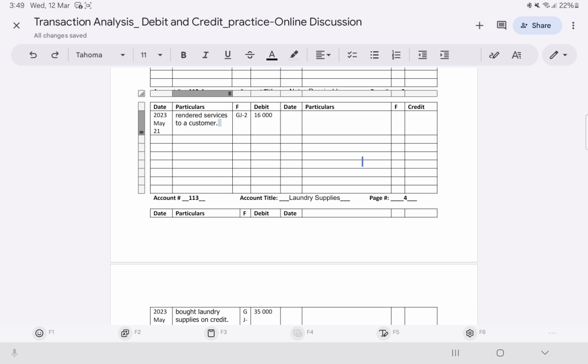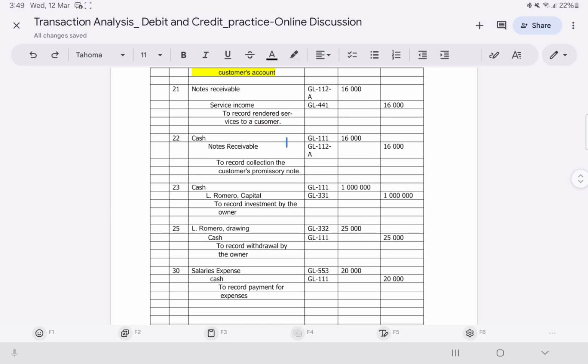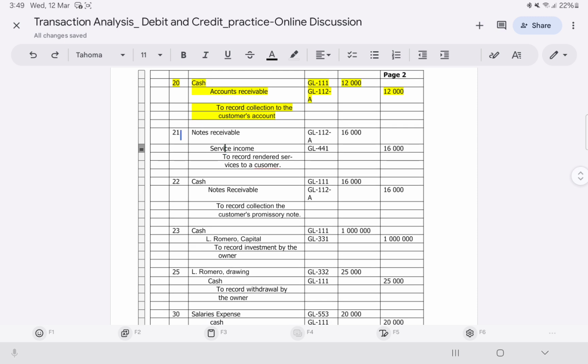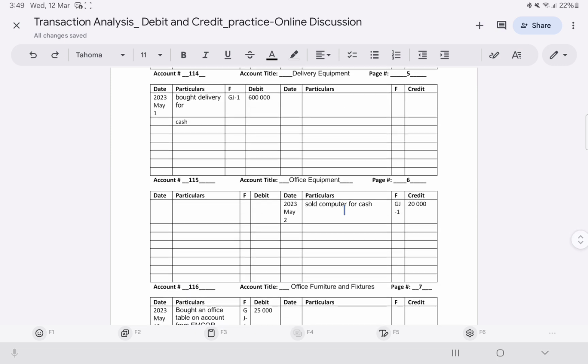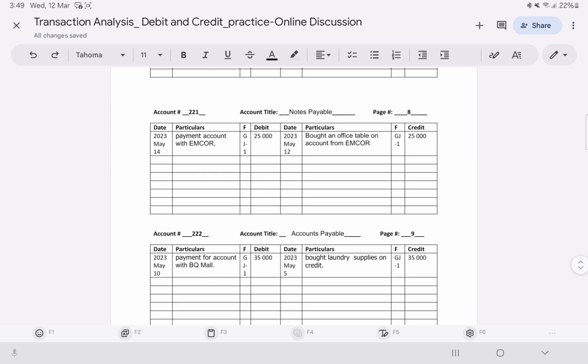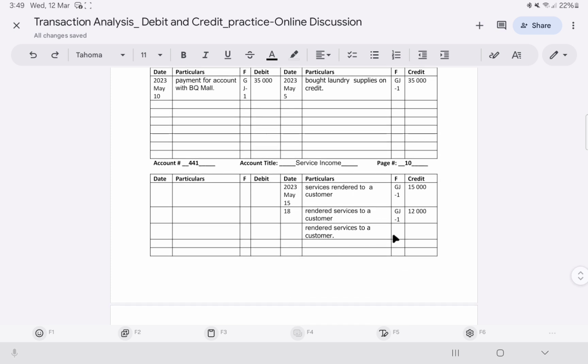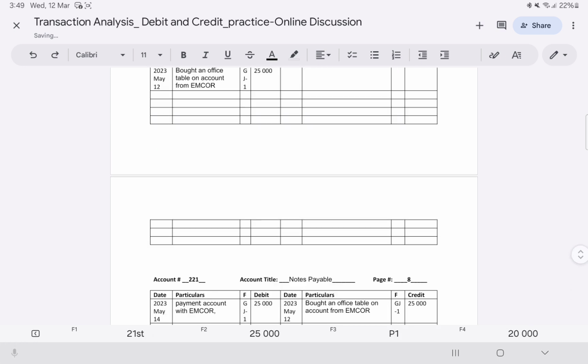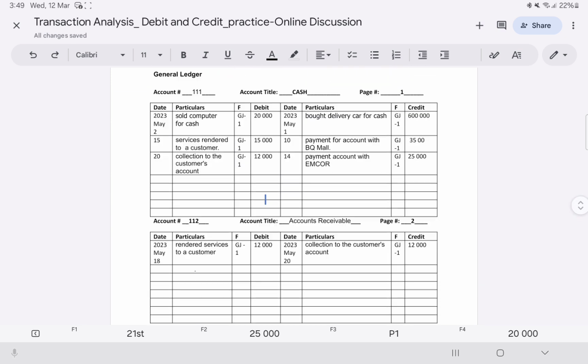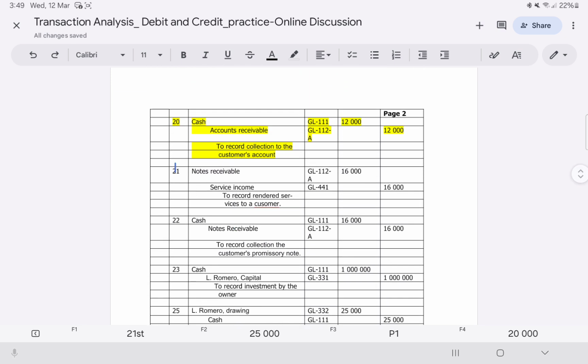So May 21, and let's go back here to clarify. May 21, credit service income 16,000. Page 2, 16,000, May 21. Okay, so we're done with the transaction of May 21.